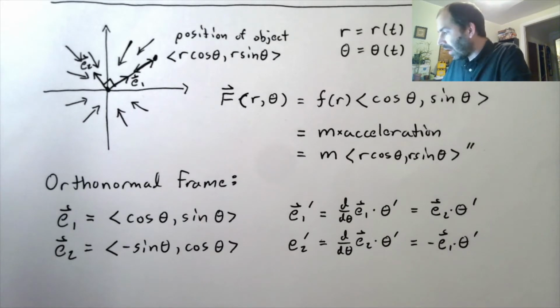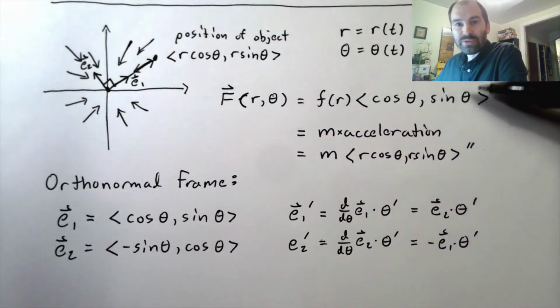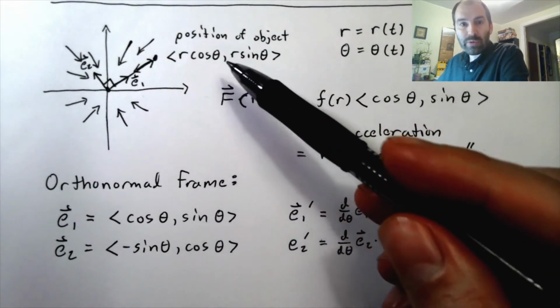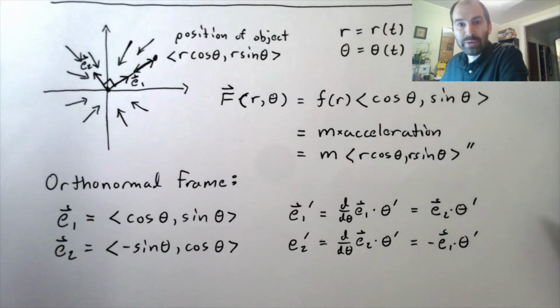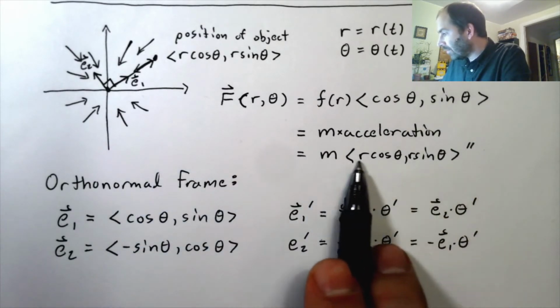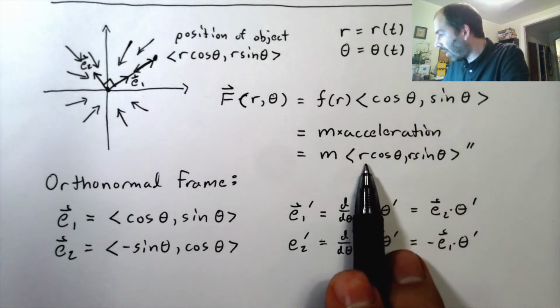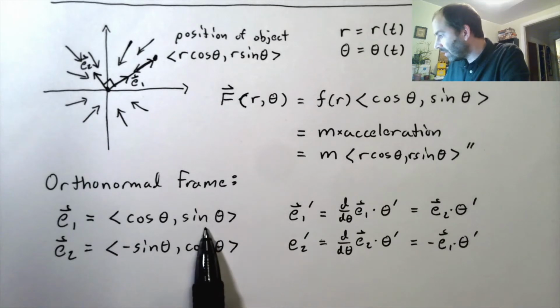Now, what is this stuff in terms of E1 and E2? Why did we pick these? Well, we're going to write these things in terms of E1 and E2. This guy right here, what's written here is r times E1.